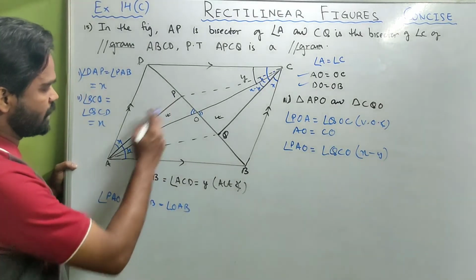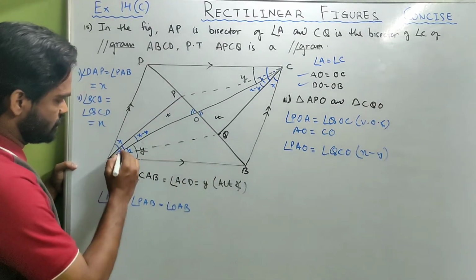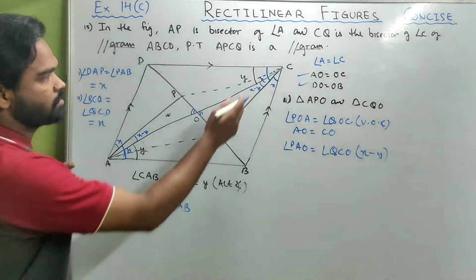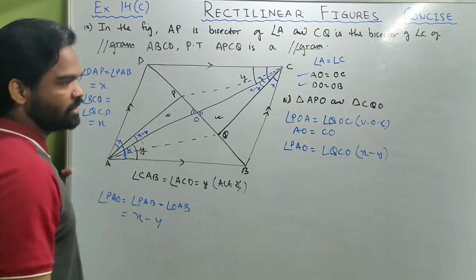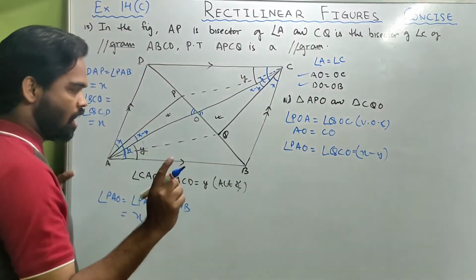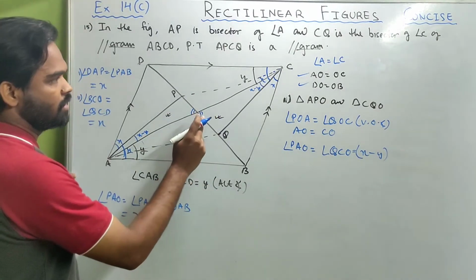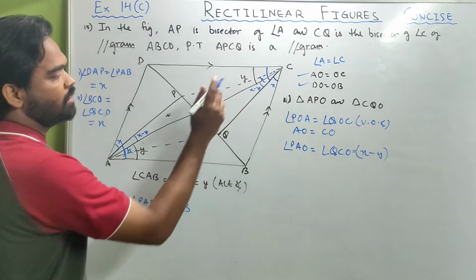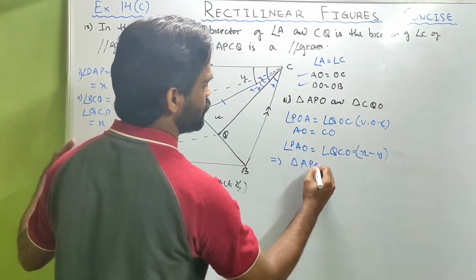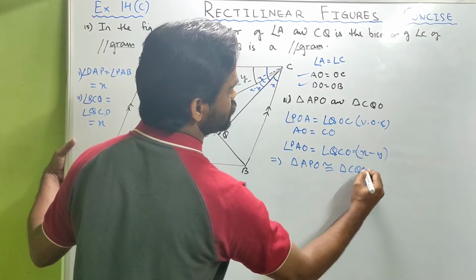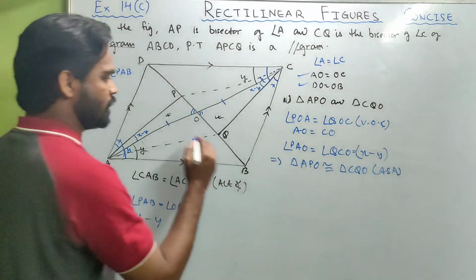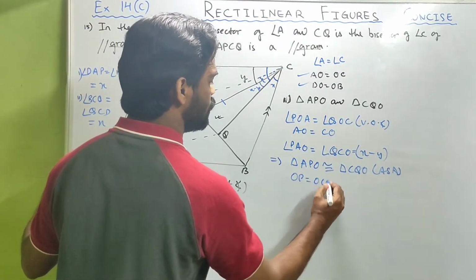So I took PAB as X and OAB I took as Y. Similarly over here, isn't it? This is equal to this, which means these two triangles are congruent. Angle, side, angle, because this side and this side are equal. Very easy. Triangle APO is congruent to triangle CQO. Angle, side, angle. And if these two triangles are congruent, we can say OP is equal to OQ.